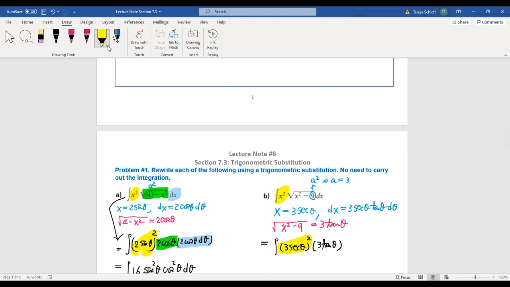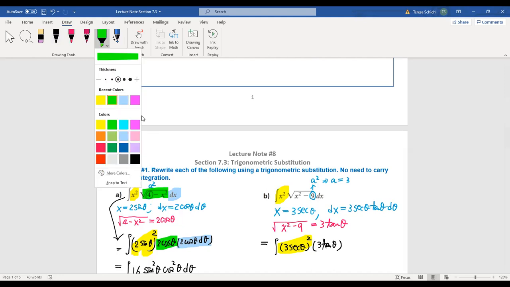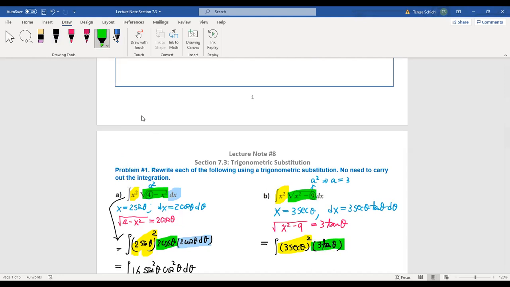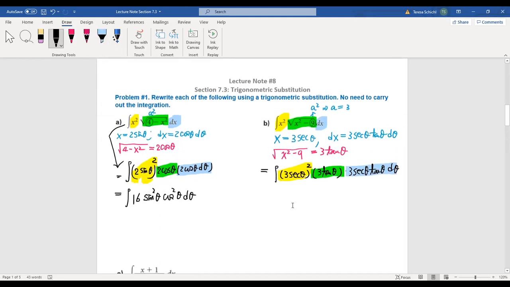Let's replace it here. Then the last one is here. I still have dx. So dx is 3 secant theta tangent theta d theta, right? So this is the last term I need to replace, and I replace it in here. So that is really beautiful, right? I replaced everything into trig functions, the tangent and the secant.